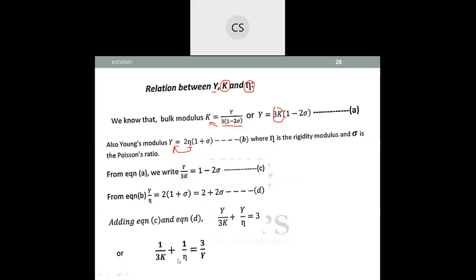So therefore you are left with 3. Now Young's modulus, which is a common term on the left hand side, you divide with Y.